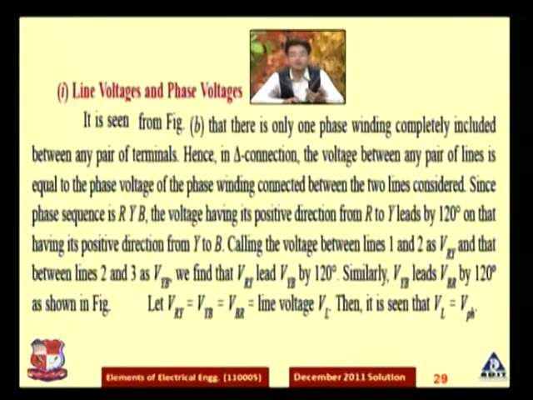Let's say R and Y phases are apart by 120 degrees, and in the same way B and Y phases are apart by 120 degrees, right? So for the three-phase delta connection, the values of line voltage and phase voltage are both equal. Now let us see what happens in the case of current.